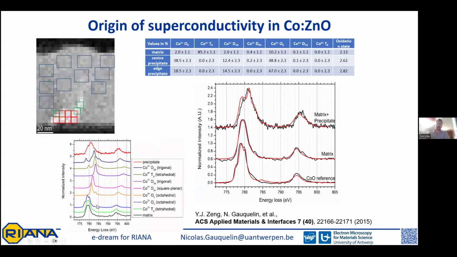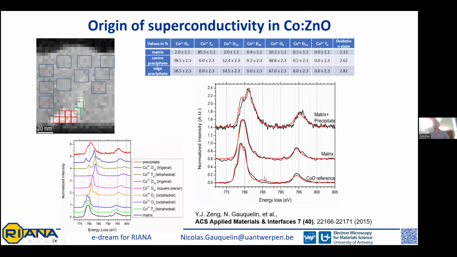Using this, we can go even more into detail in understanding material at the atomic scale or at the local scale. Here, what you can see is that we simulated this cobalt L edge for different environments and different valence states, and by combining those, we could identify the exact local state and distribution of crystal field splitting and type of cobalt 2+, cobalt 3+, and cobalt 4+ within our material.